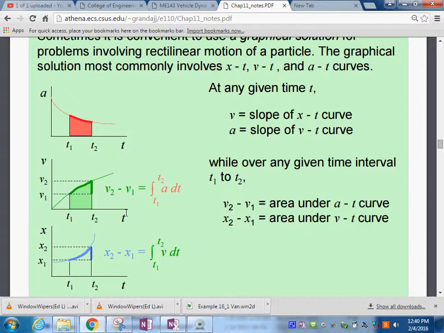So what is interesting on these graphs is that you are able to see the change of the velocity on the green line and the change of the position on the blue line.